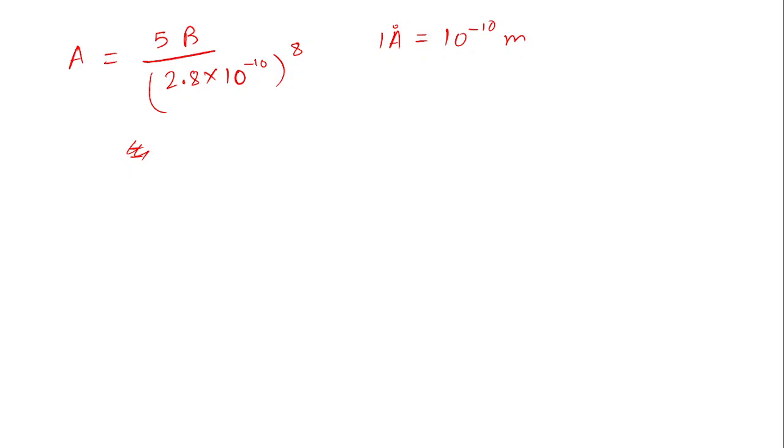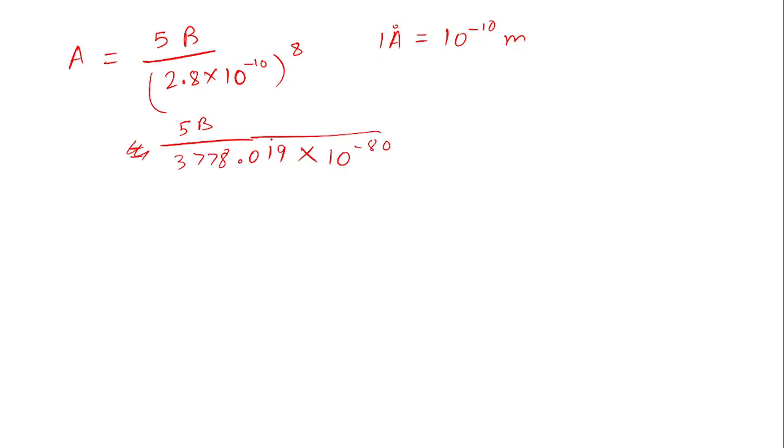2.8 to the power 8 is 3778. So this 5b divided by this will be 3778.019, and this will become 10 to the power minus 80.